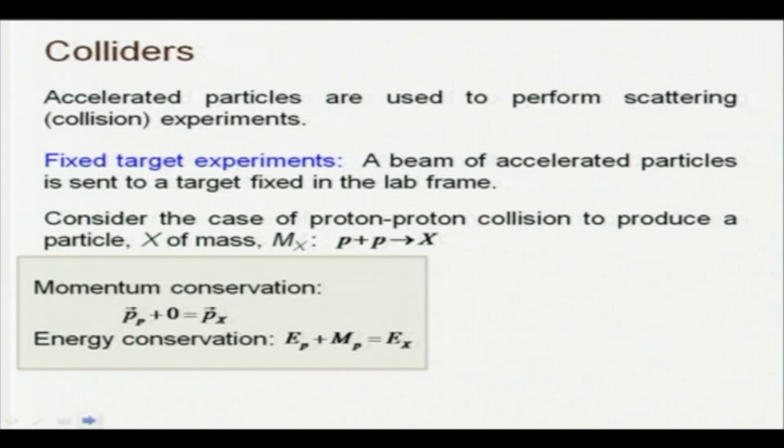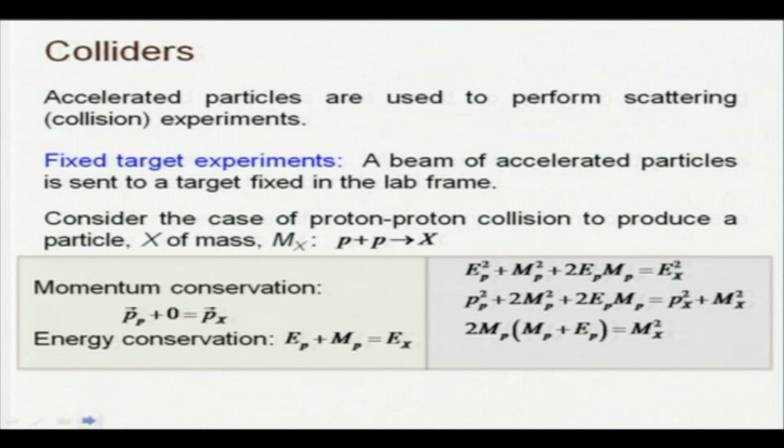And energy conservation will tell you that initially the energy of the projectile proton was EP, say, and the target proton's energy is only its mass, as it was not moving and has no kinetic energy. So, only MP. So, EP plus MP is equal to the energy of the final particle, Ex.